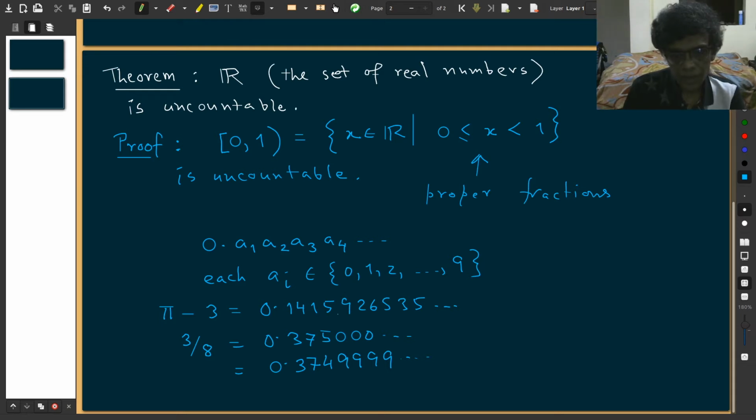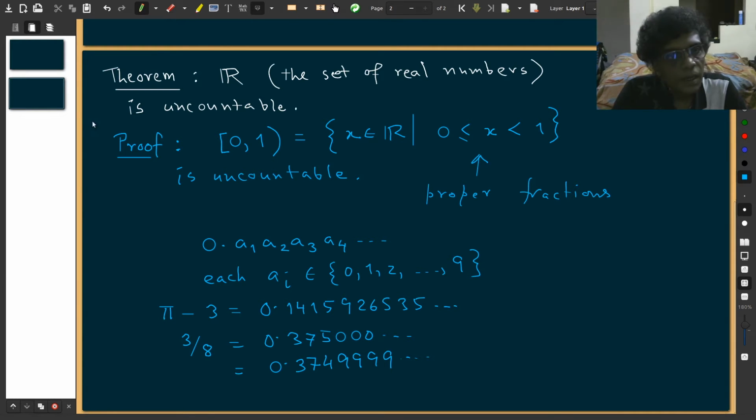But it is important to note that the fractions that have terminating expansions, or that have two expansions, should involve either infinitely many zeros at the end or infinitely many nines at the end. So you keep that thing in mind.